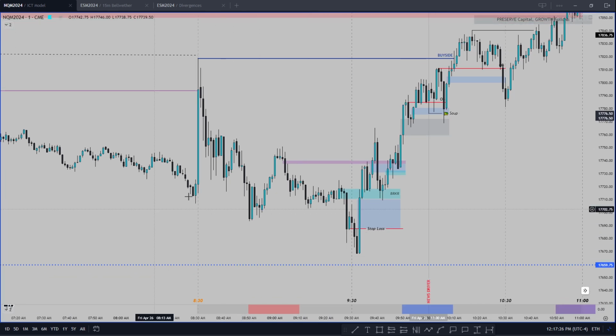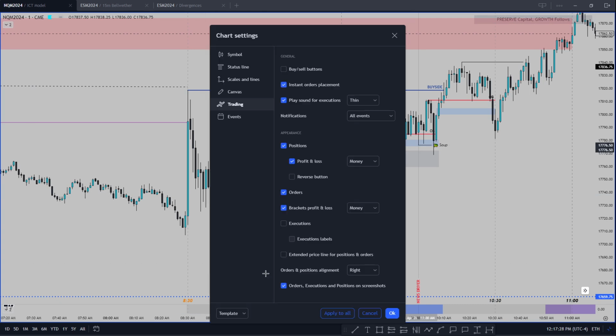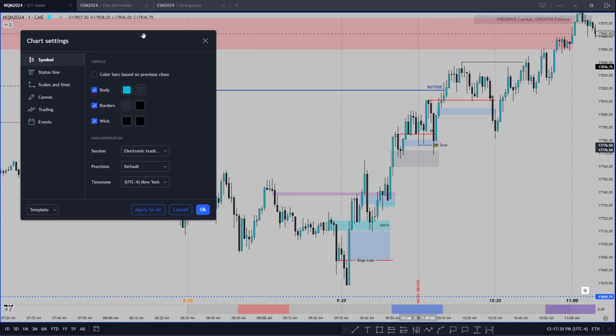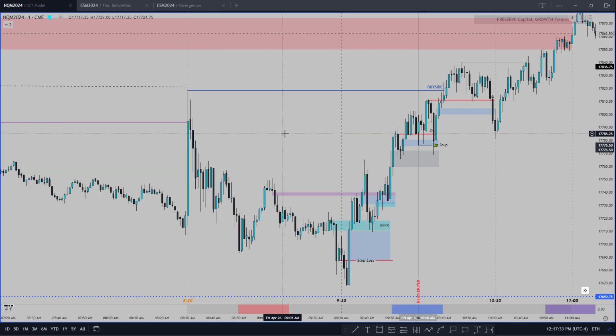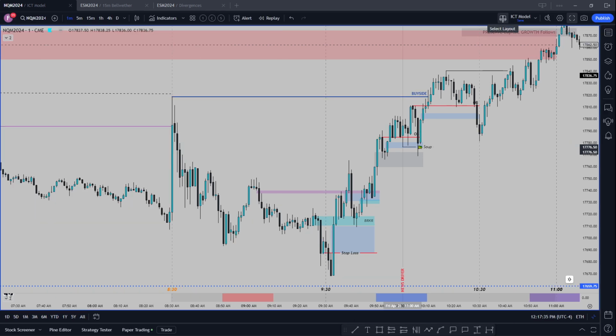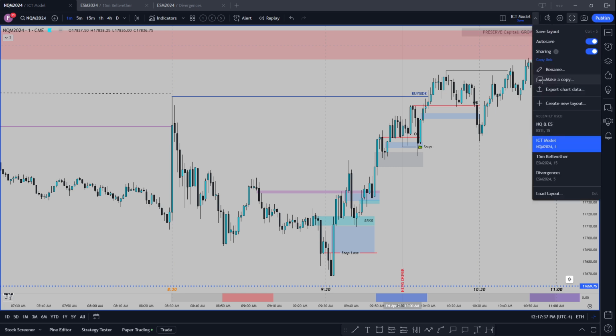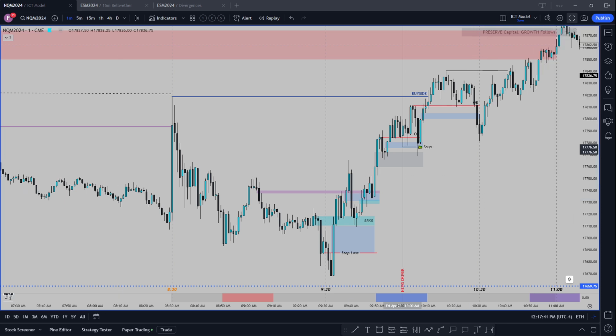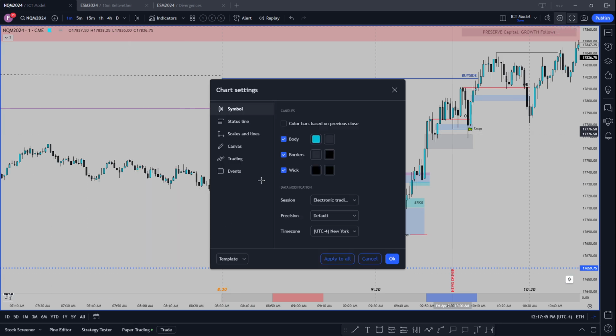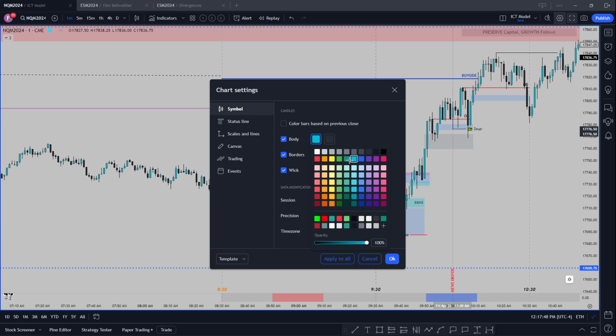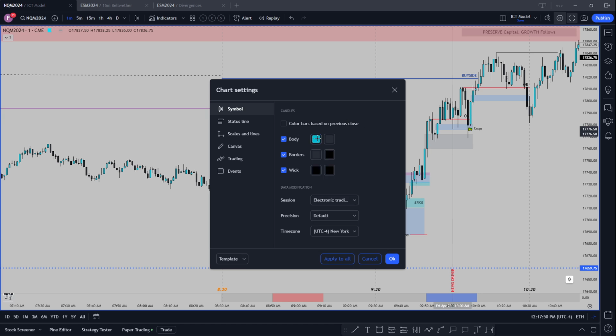Oh, I saw some people asking for the chart colors. I don't know if I can share the chart layout? Okay, see if this works. I'm not sure if it will, but if you want the chart colors, you can go back and watch this.